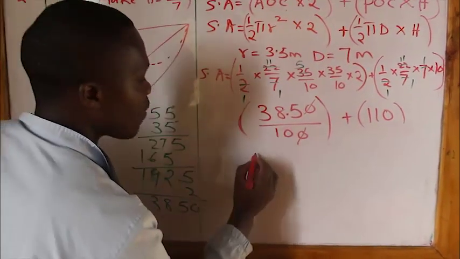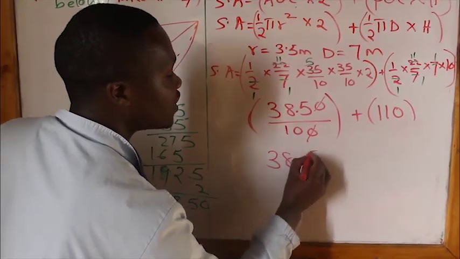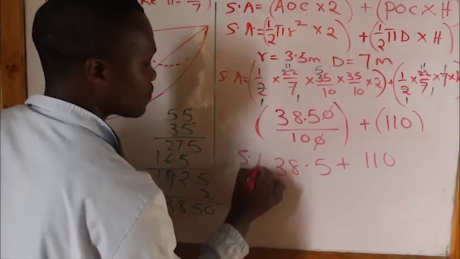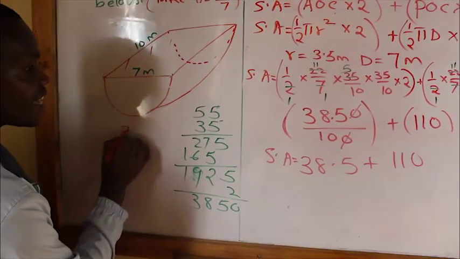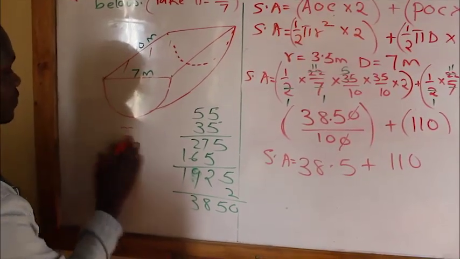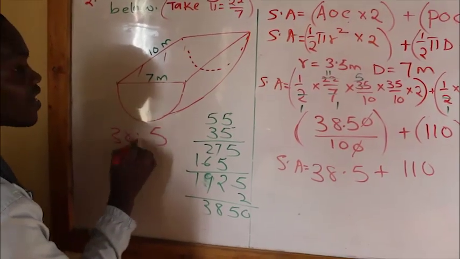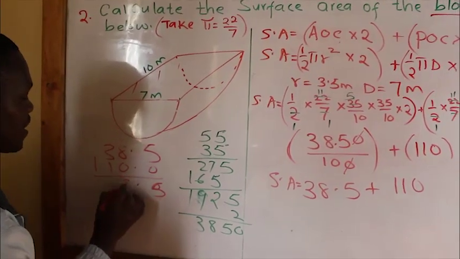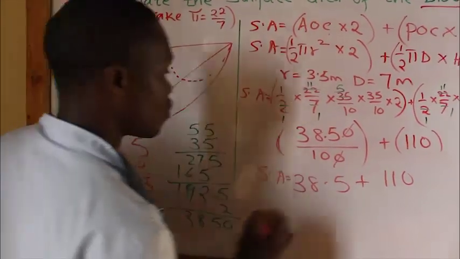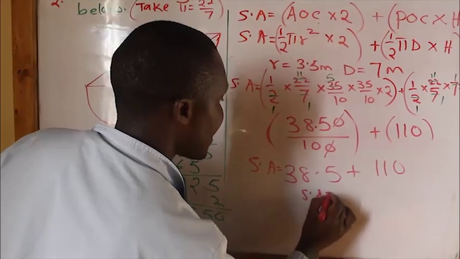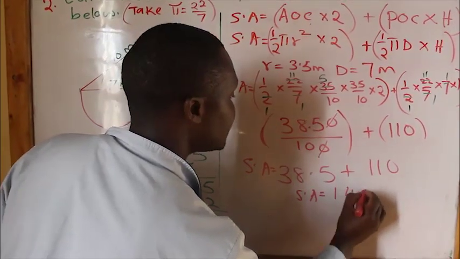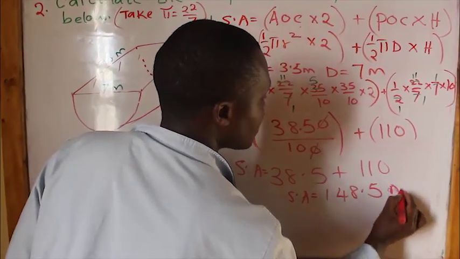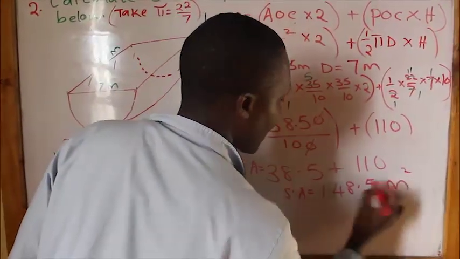So our answer here is 385 plus 110, so we have the surface area as 148.5 meters square.